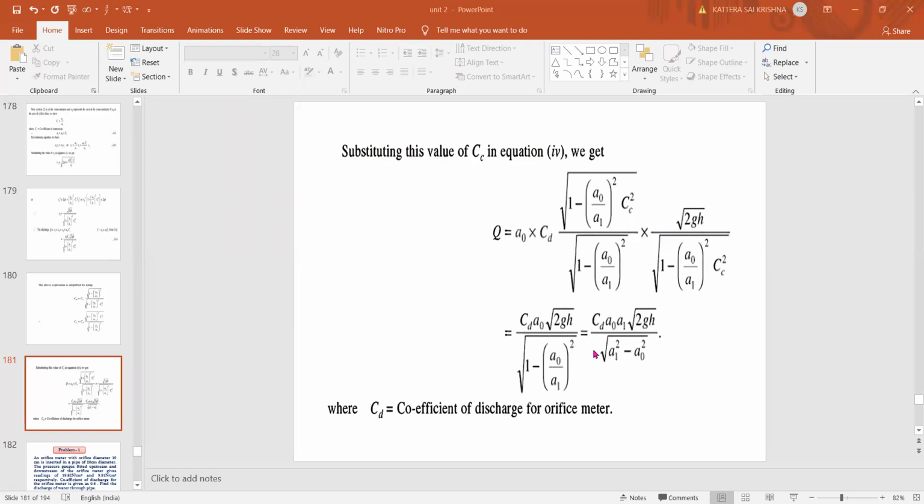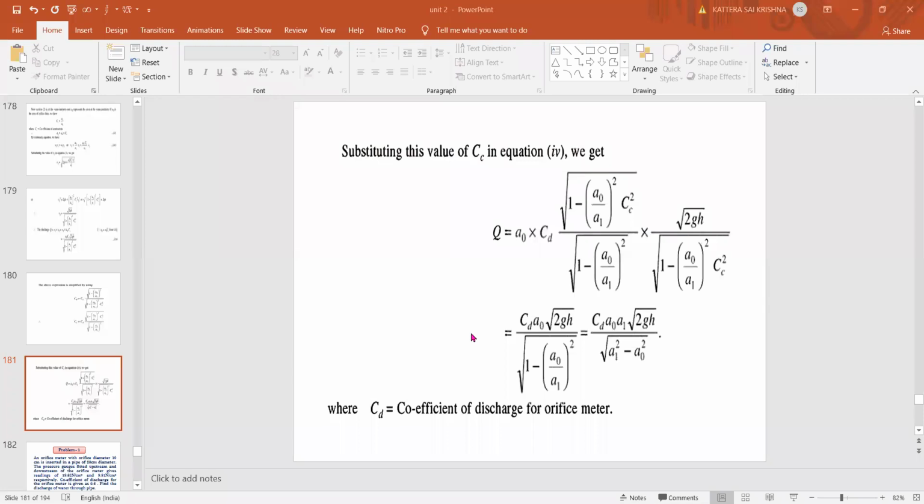Q is equal to CD A0 A1 under root of 2GH divided by under root of A1 square minus A0 square. So Q is equal to this equation we got. We already know what CD is, the coefficient of discharge for the orifice meter.